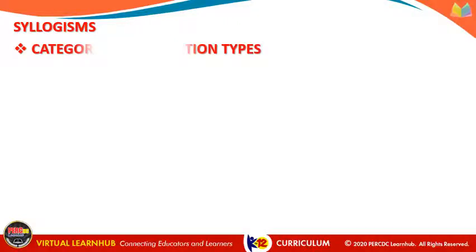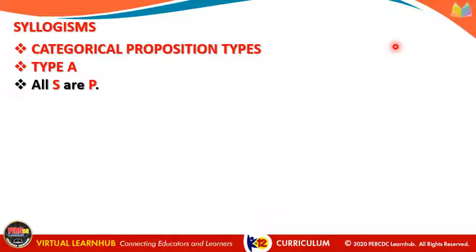Let us start with the type A propositions. Type A propositions follow the format all S are P. Take note that S and P here stand for subject and predicate respectively. And we will be following this convention for the rest of our discussion on categorical propositions.